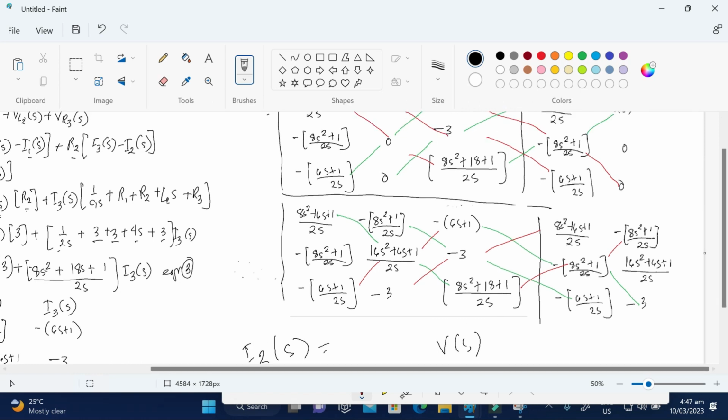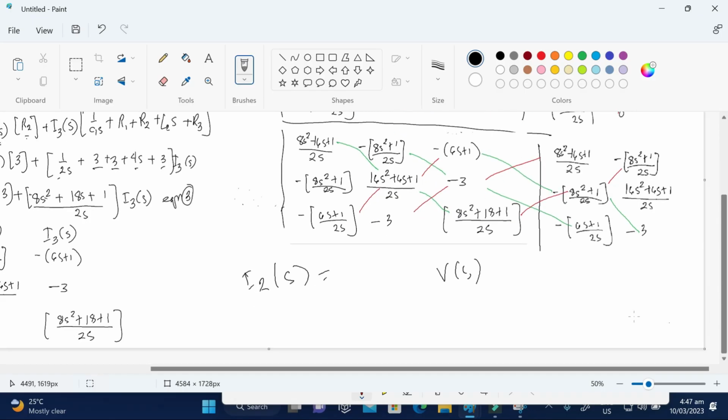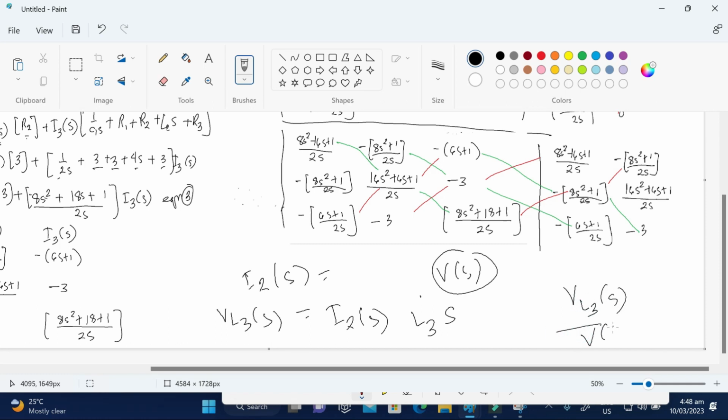So, pag kinuha mo na si I2, multiply mo na ngayon si VL3S is equal to I2 of S times L3 of S. Ayan. No? So, ito, merong VS dito, ilalim mo sa VL3. Kukunin mo ngayon si VL3 over VS. Okay.